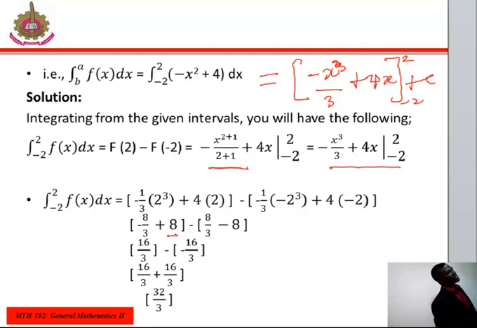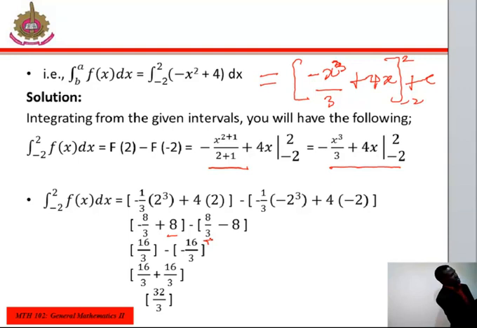Then for the second aspect of it, if you obtain minus 2 raised to power 3, we have minus 8. Minus times minus, that is plus, and that was how we got 8 over 3. Then 4 times minus 2, that is minus 8.